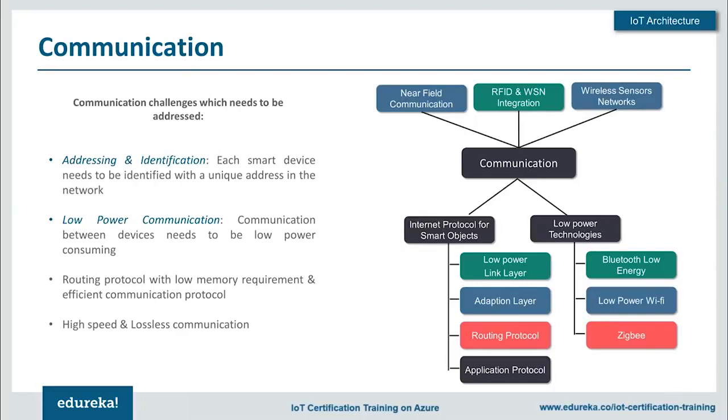This in turn is based on the RFID concept, and it uses a variation of the magnetic field to communicate data between two NFC enabled devices. If we go into slight specifications, NFC usually works on the frequency band of 13.56 megahertz, which is very similar to high frequency RFID. Now, I'm not going to bore you more with the technical details. We'll talk about the next segment, which is your RFID and WSN integration for smart objects.